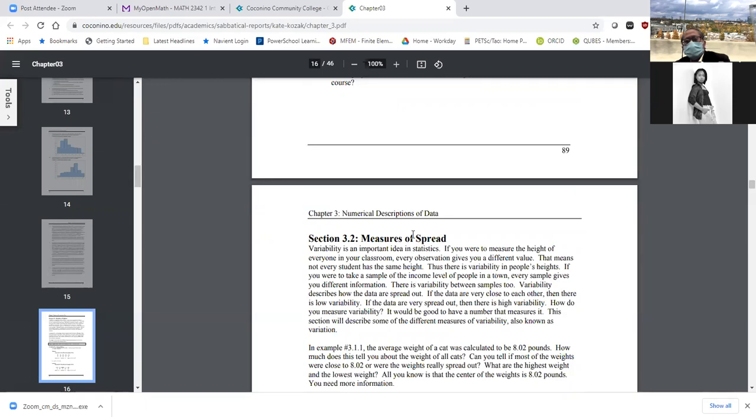Measure of spread, or we also call it measure of variability. Like how different is the data, something like that. So in this chapter we'll describe some of the different measures of variability, also known as variation. Right? Okay.